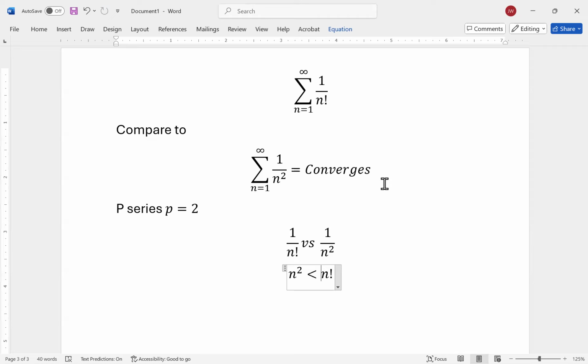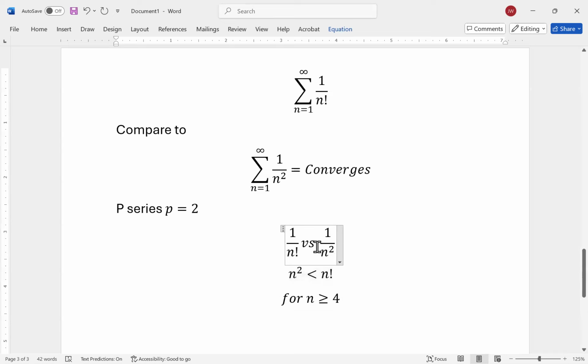The first couple of terms, when I plug in 2, actually the n squared is bigger. When I plug in 3, the n squared is bigger. But when I plug in 4, n factorial is bigger. When I plug in 5, n factorial is bigger. Anything beyond 4, n factorial is bigger. So for n greater than or equal to 4, the n factorial is bigger.